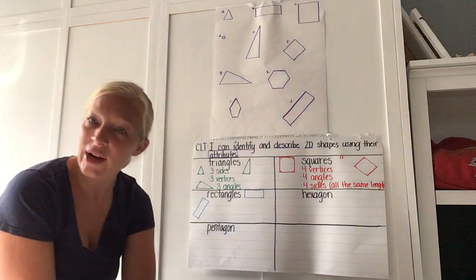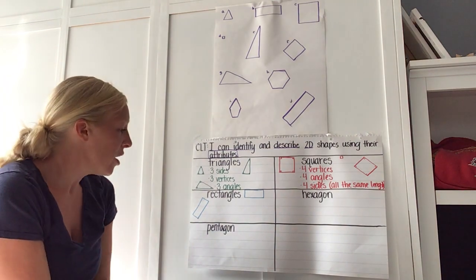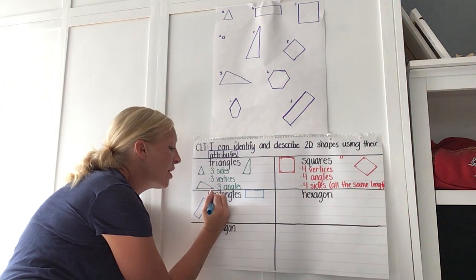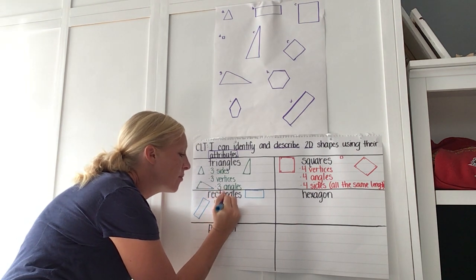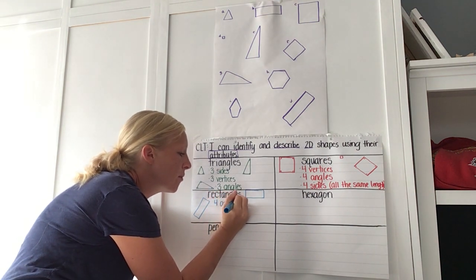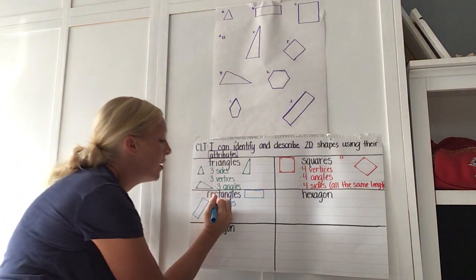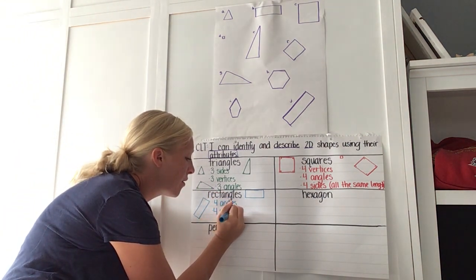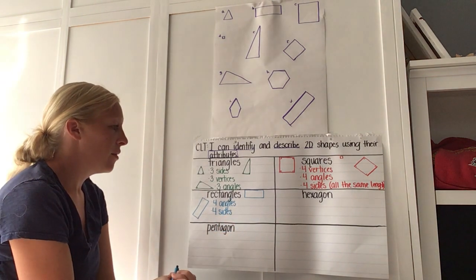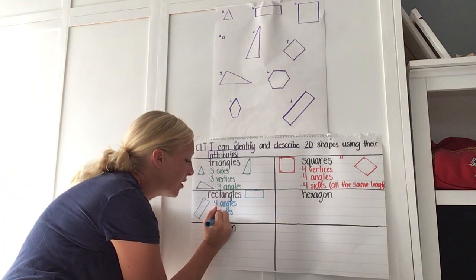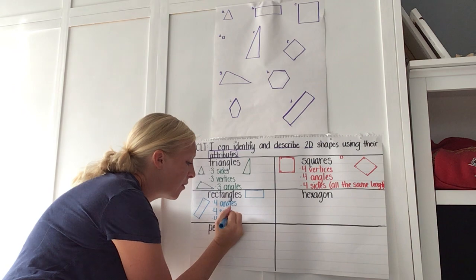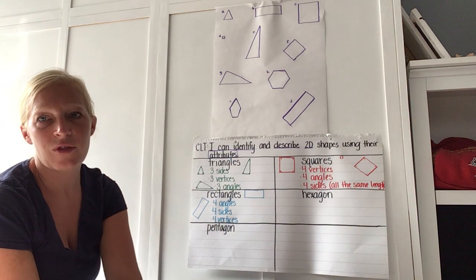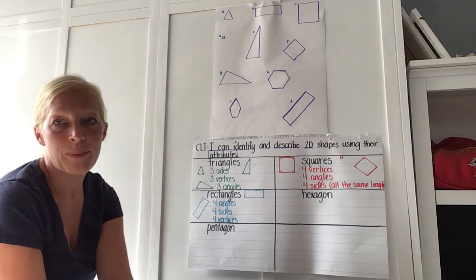Okay, so what makes a rectangle a rectangle? What are its attributes? It has 4 angles. It has 4 sides. It has 4 vertices. What do you notice about the sides or the vertices when we look at a rectangle?